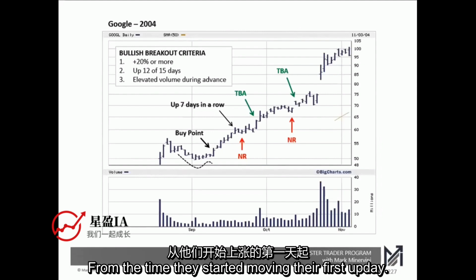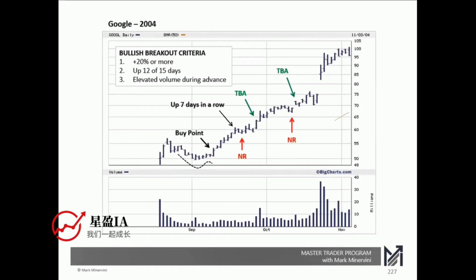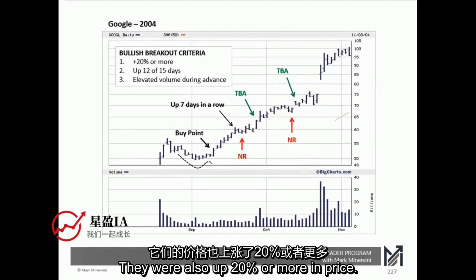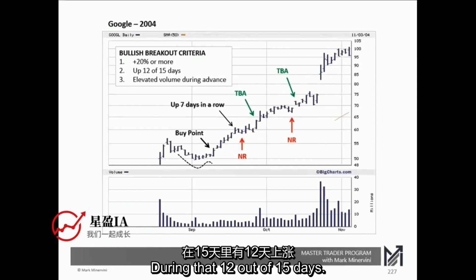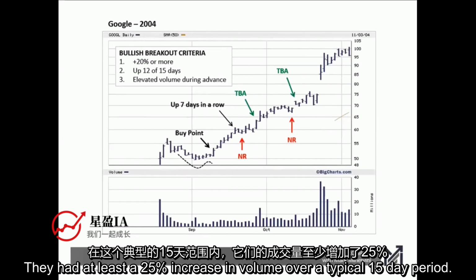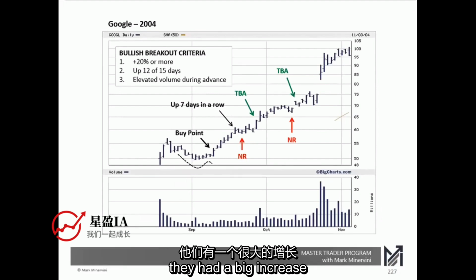From the time they started moving, their first up day, they were up 12 out of 15 days. They were also up 20% or more in price. And during that 12 out of 15 days, they had at least a 25% increase in volume over a typical 15-day period, so above average daily volume.